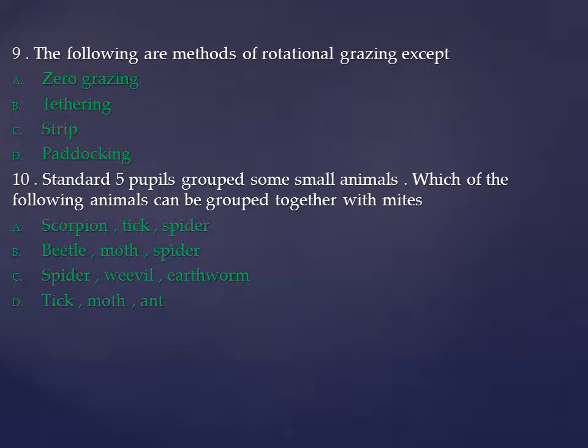Examples of insects are ants, moths, mosquitoes, weevils, beetles, grasshoppers, etc. Another point: invertebrates with 8 legs include ticks, mites, spiders, and scorpions.